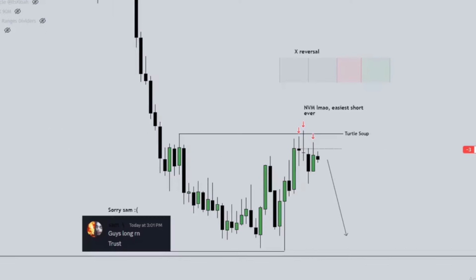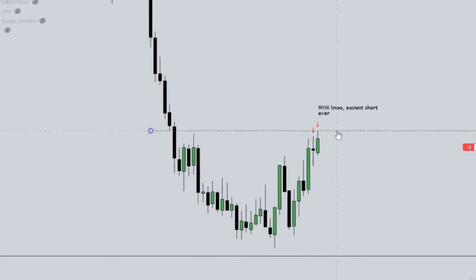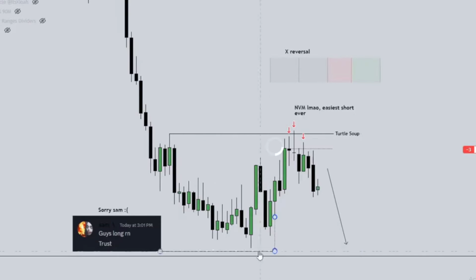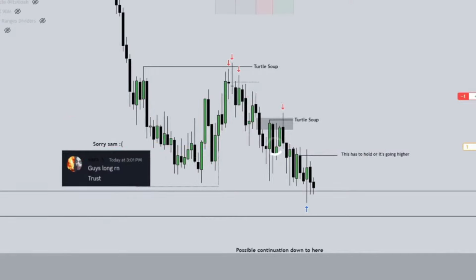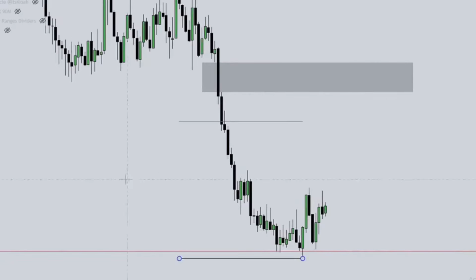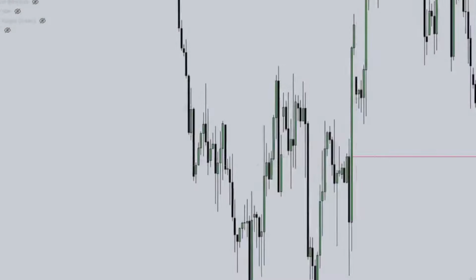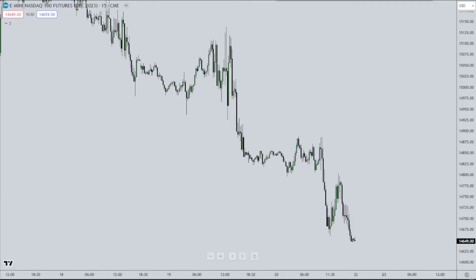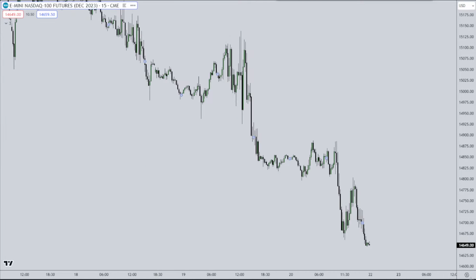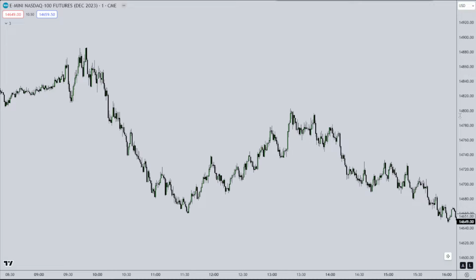Okay, so yes, okay, so here order flow is bearish, right? And I believe we're inside of... I think the example is right here. Yeah, that was recent.